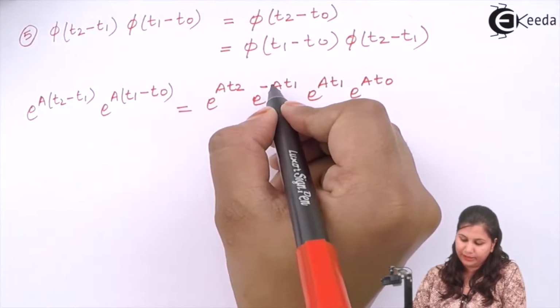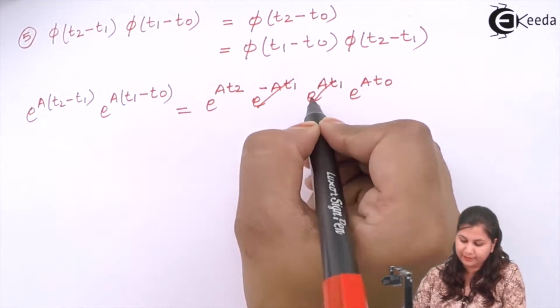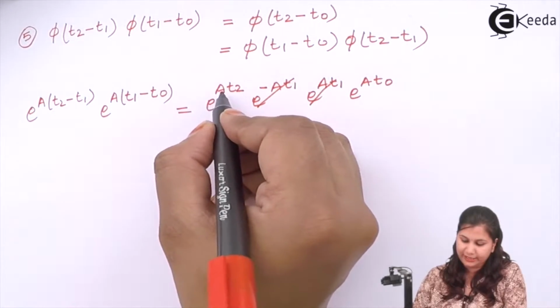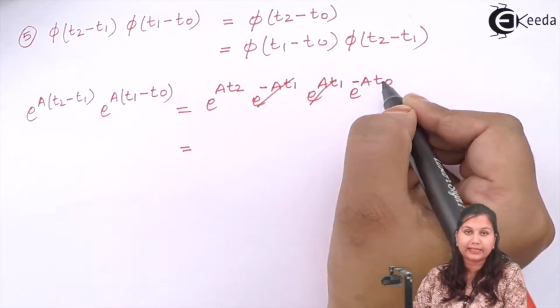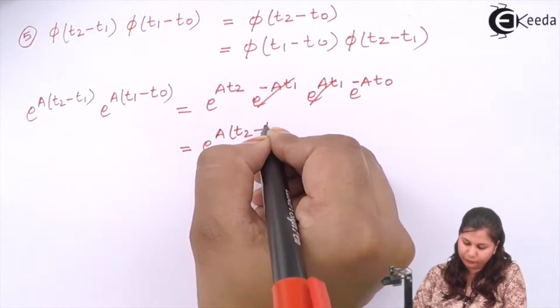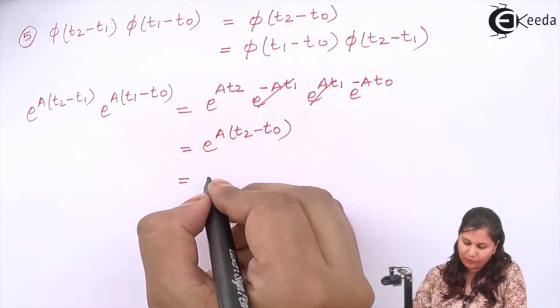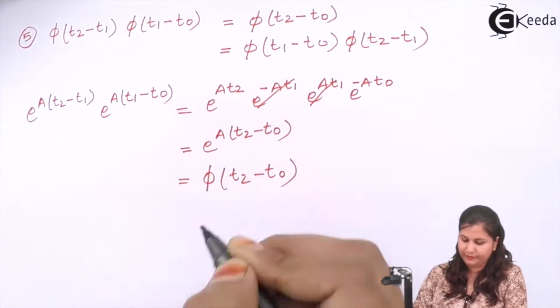So this e raised to the power minus At1 and e raised to the power At1 will cancel out, and we are getting e raised to the power At2 and e raised to the power minus At0. So this will become A(t2 minus t0), or we can say that it is phi(t2 minus t0).